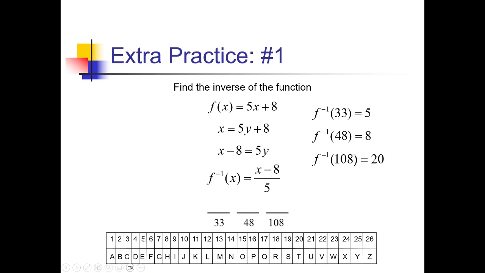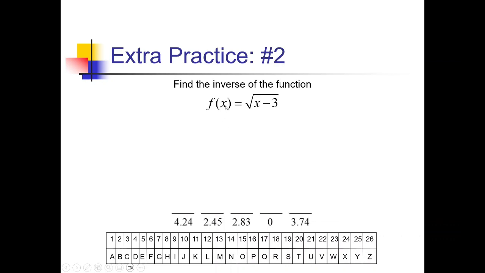So 5, which is what we got 33 from. 5 is an E, so I'll put an E there. 8 matches up with H, so there's H. And then, let's see here, we got 20. 20 matches up with T, so there we go. So we'll be unscrambling that later. For now, let's move on to the next question and get some more letters.